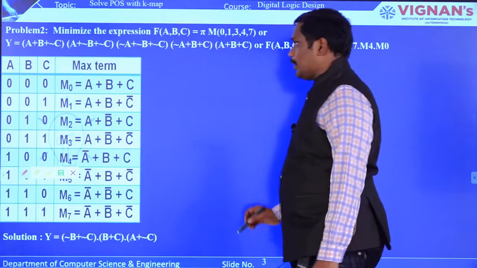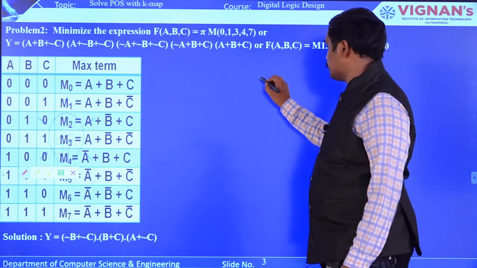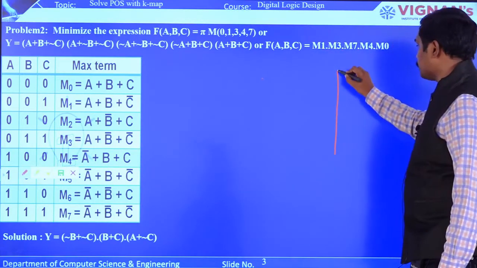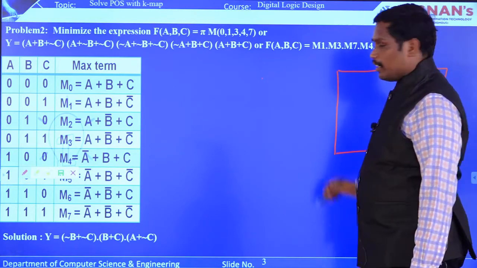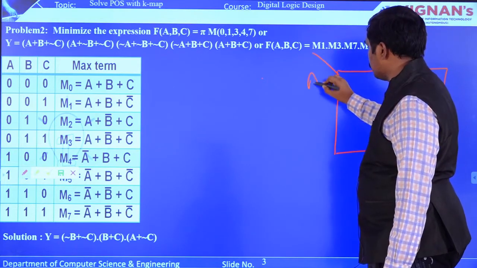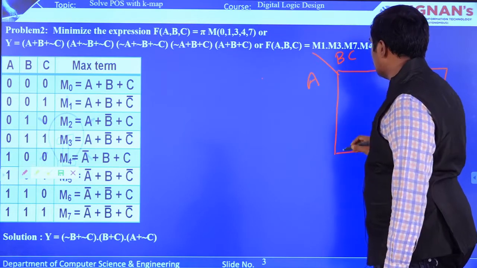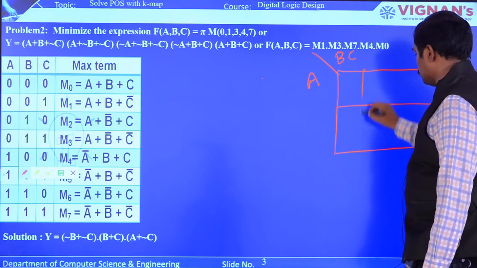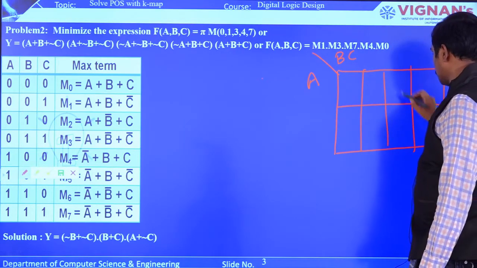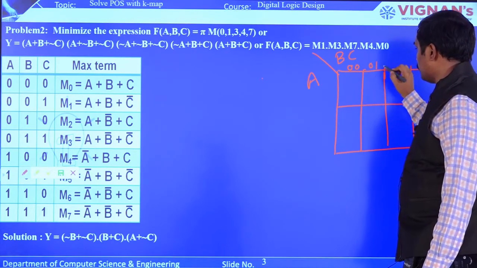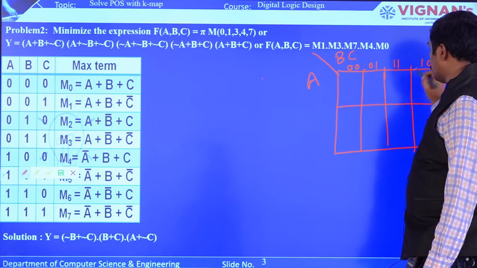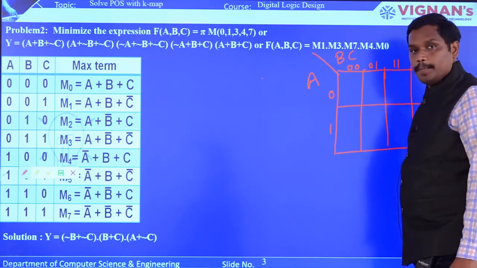So now we'll construct the Karnaugh map directly, which is 3 variable. Okay, so A, B, C, here it is 0, 0, 0, 1, 1, 1, 1, 0, and this is 0 and 1.